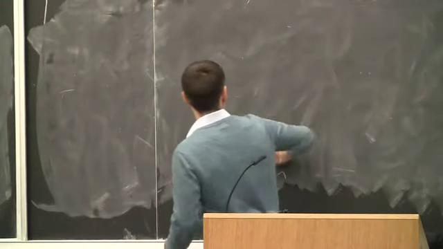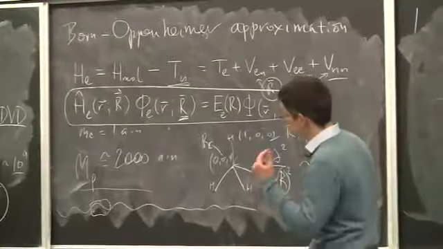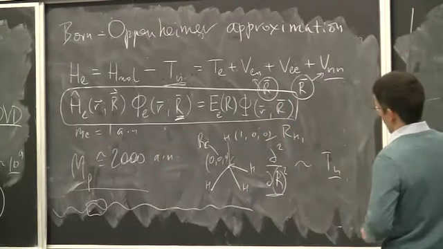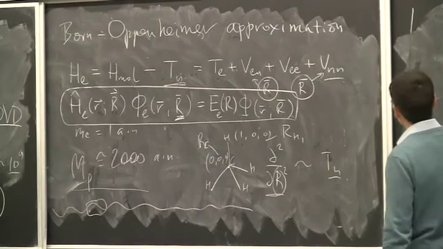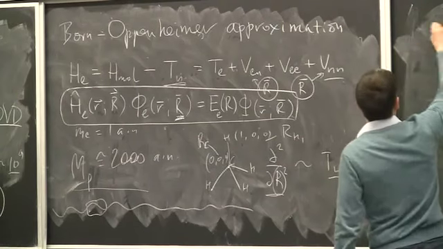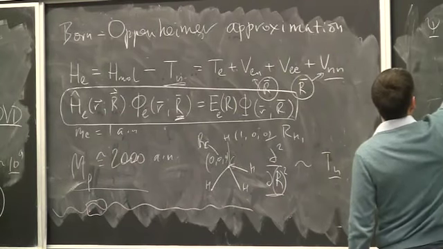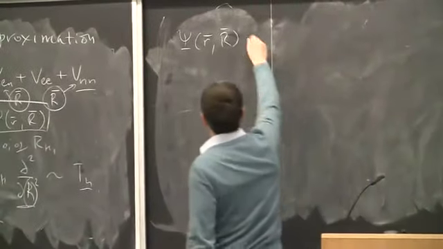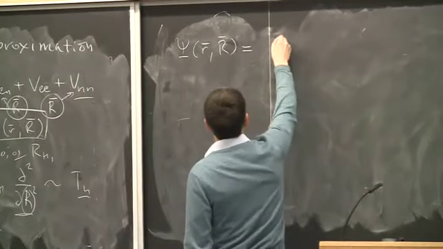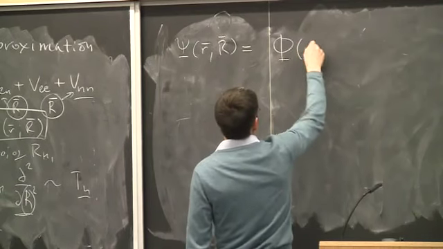Now, that's what Born and Oppenheimer did for the problem of molecules. They suggested, let's just consider electrons first. Now, if we do that, then the total wave function, which is a function of both electrons and nuclei, still needs to be expressed as some electronic function.